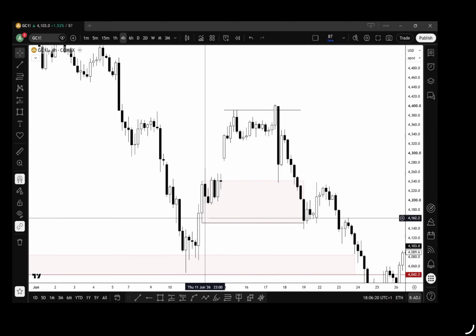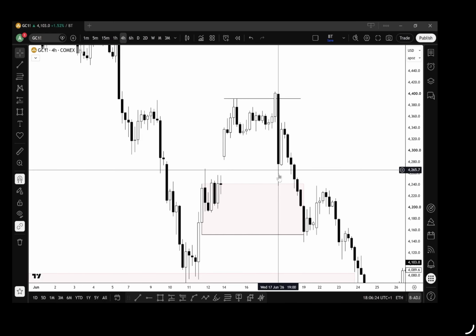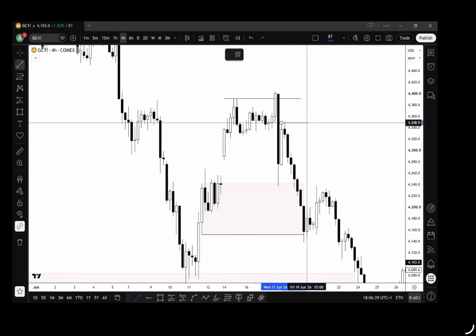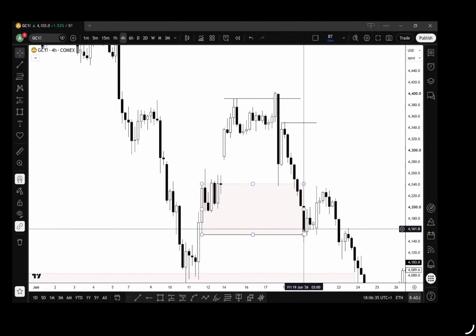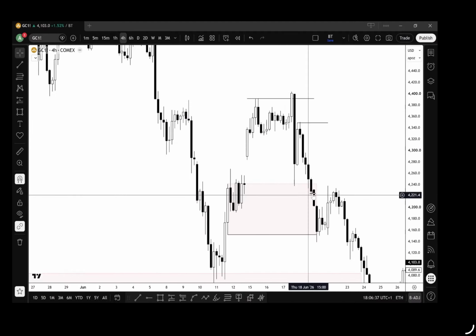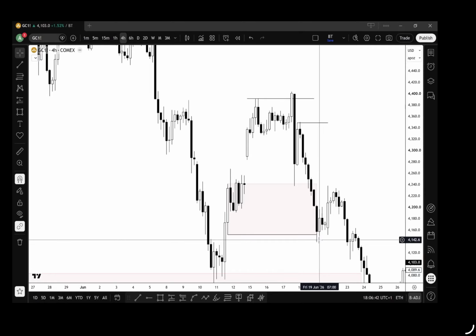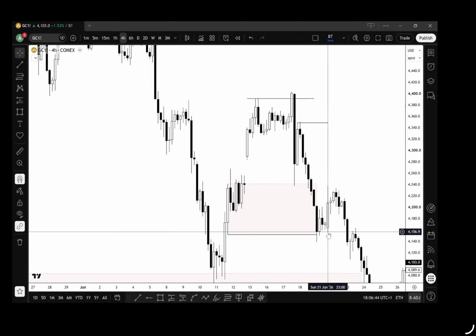These buyers were buying, and you can see that when we tapped into this area, notice how we have that reaction up, inducing buyers, only for them to come and get trapped. Once we trap them, you can see we had this move up on Monday.